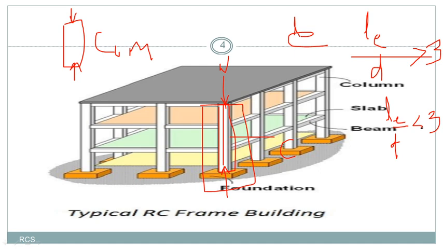Then we discussed codal recommendations which are going to be used for the design of short columns or any column. That is how much longitudinal reinforcement is to be provided, and what the actual definition of an axially loaded column is. Practically we know that a truly axially loaded column is not possible, but the code has given some provision for when we can call a column an axially loaded column.